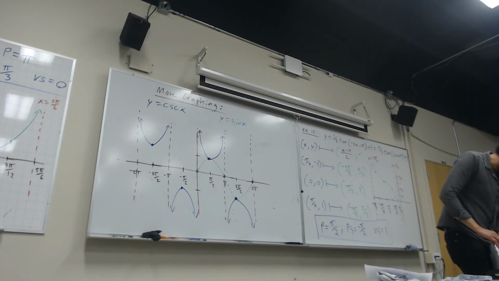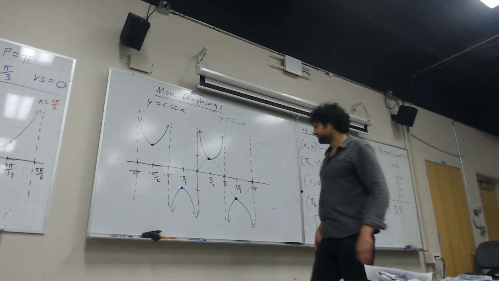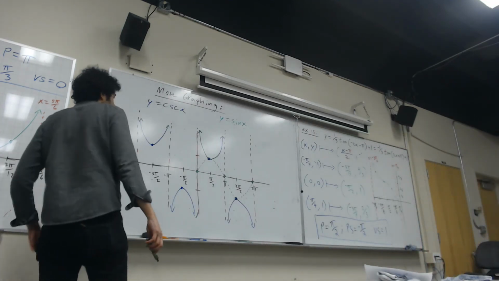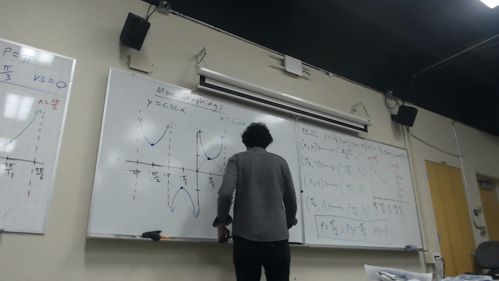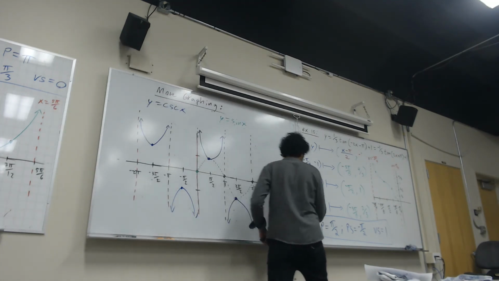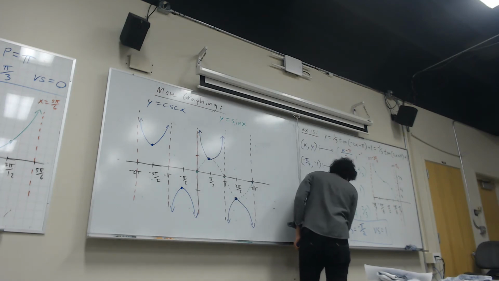It's the reciprocal of sine. Yes, it is odd, because sine is also odd. So cosecant is odd because sine is odd.